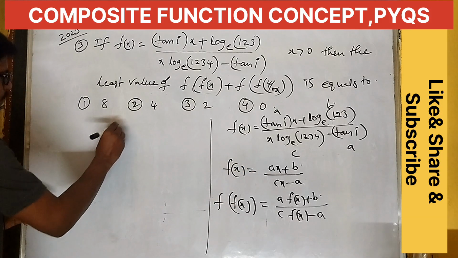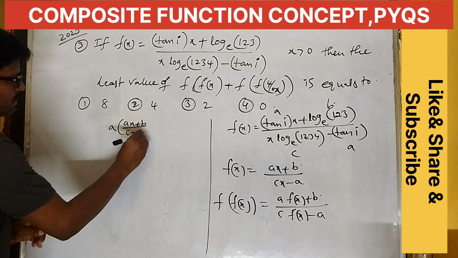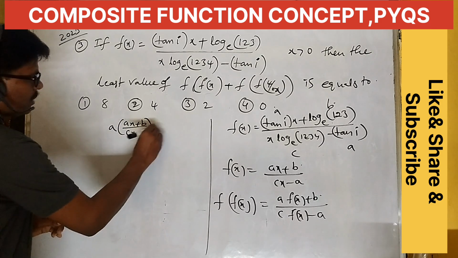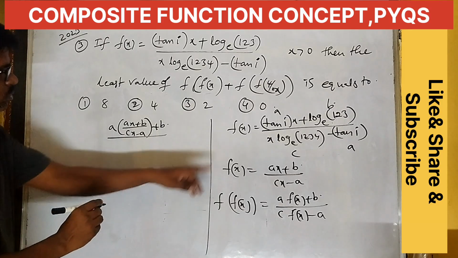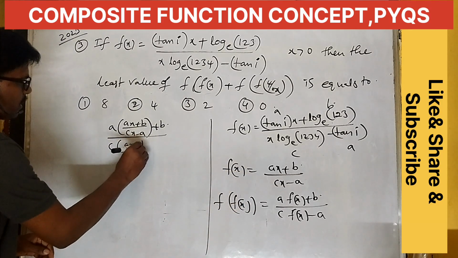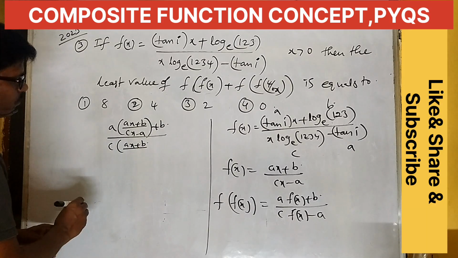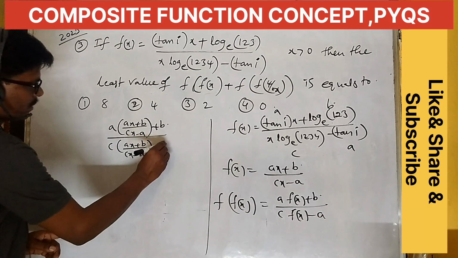Ax plus b by cx minus a, plus b, and downside also c into x is equal to ax plus b, f of x value ax plus b by cx minus a.